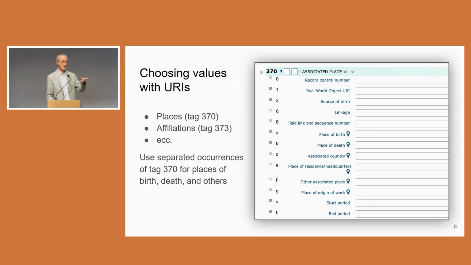A suggestion: use separate occurrences of this tag whenever you have to add a place. For instance, the place of birth, separate it in another 370 tag from the date, and so on. Because this will simplify a lot.